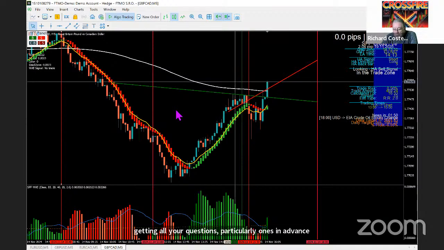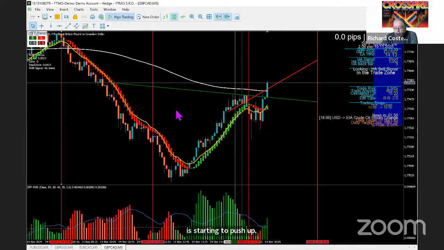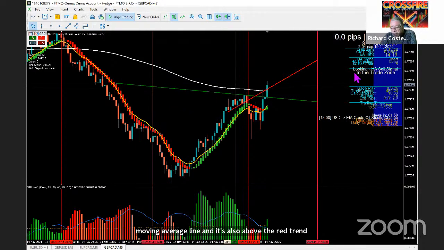So this price now is starting to push up above the green trend line. It's above the white moving average line, and it's also above the red trend line. The trading assistant is still regarding it as a sell signal. That's got to change any second now.